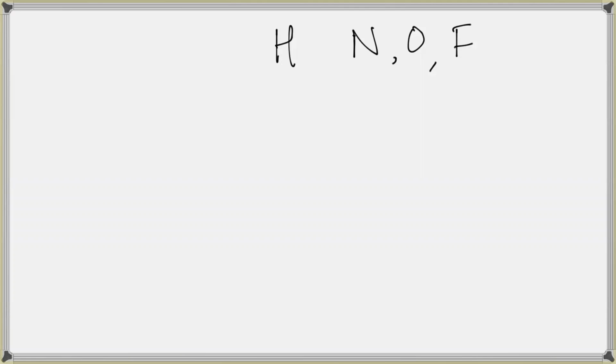So one scenario that can work out, here's one molecule, here's the second molecule. On the first molecule, you could have hydrogen bound to nitrogen, and then on the second molecule, they just need to have some sort of attraction between a nitrogen, an oxygen, or a fluorine.